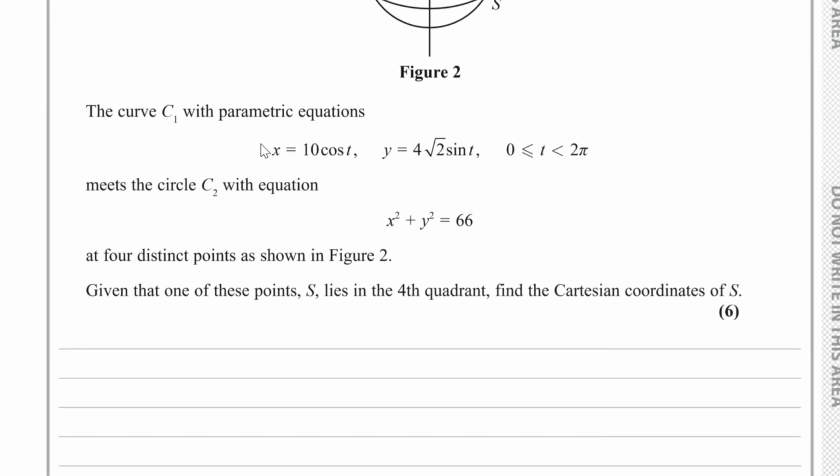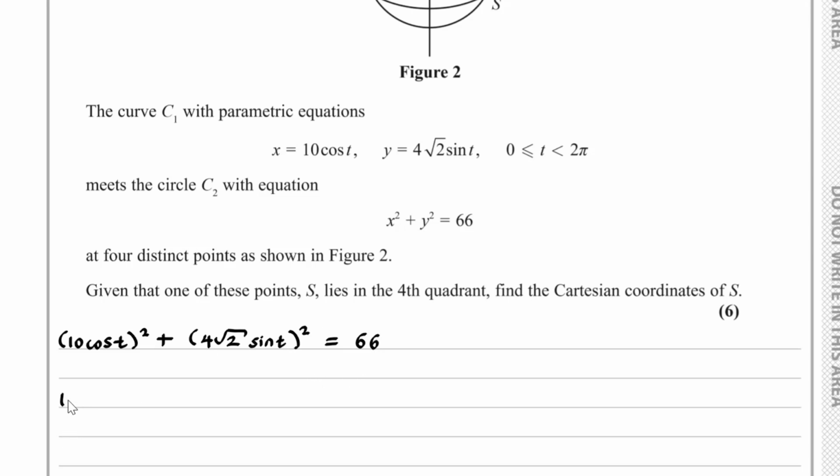So if we substitute these parametric equations into this Cartesian equation and solve simultaneously, we have x squared, so we have (10 cos t) squared, plus y squared, so we have (4 root 2 sin t) squared, and this is equal to 66.